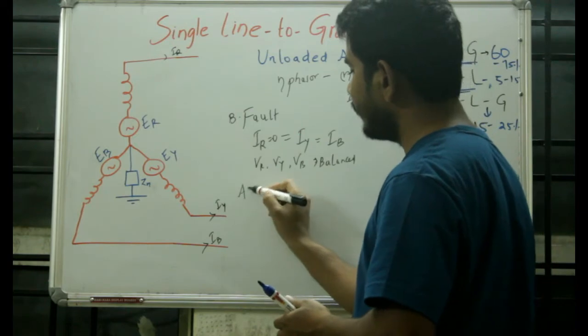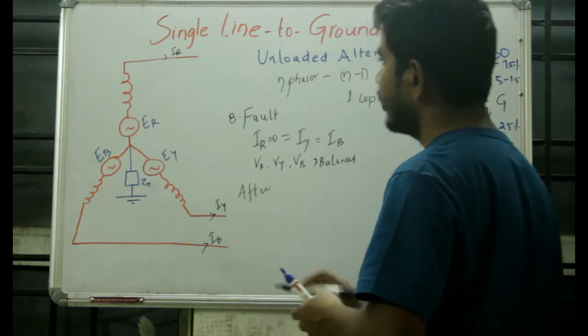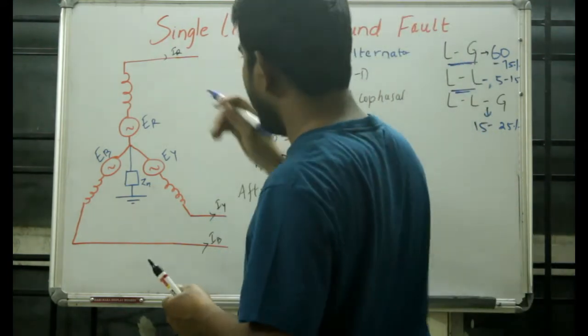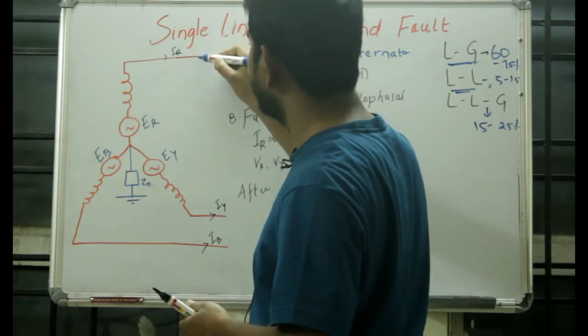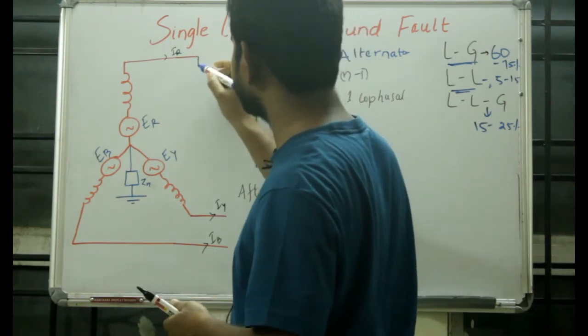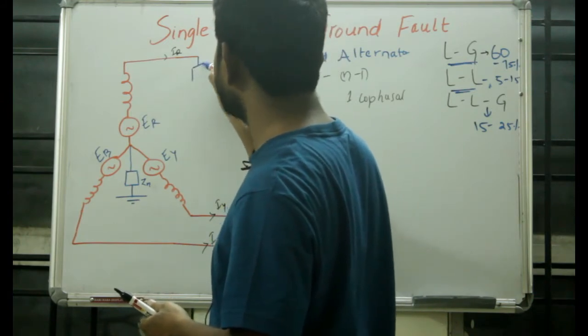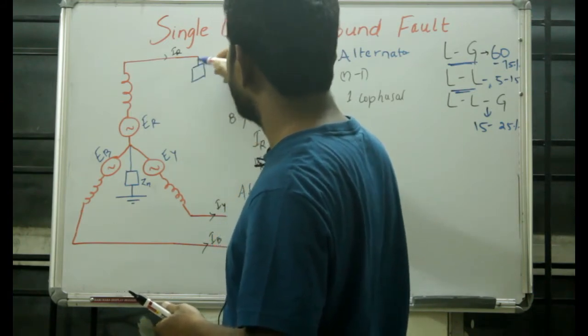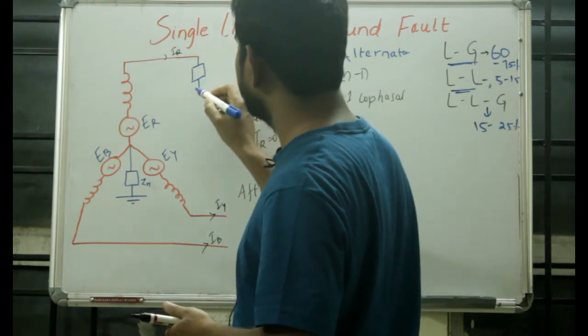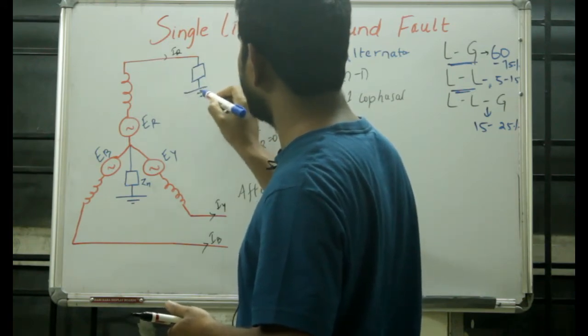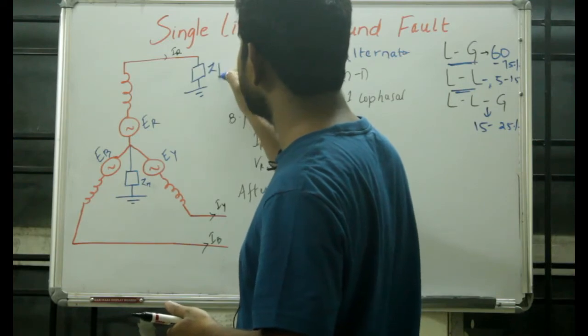Now after fault, let me consider that the R phase line is shorted or grounded through a fault impedance ZF.